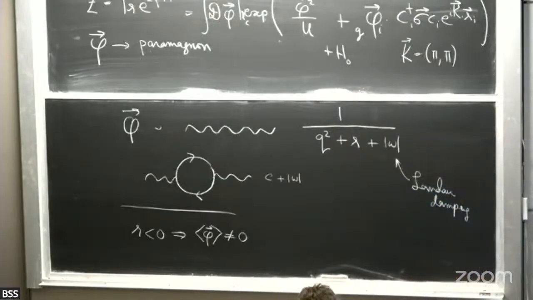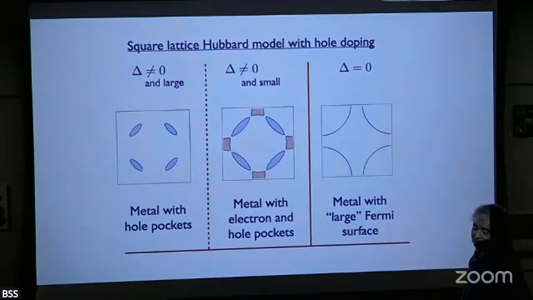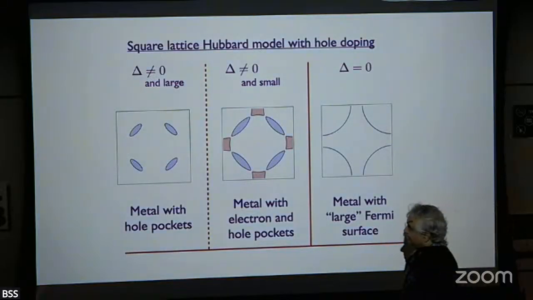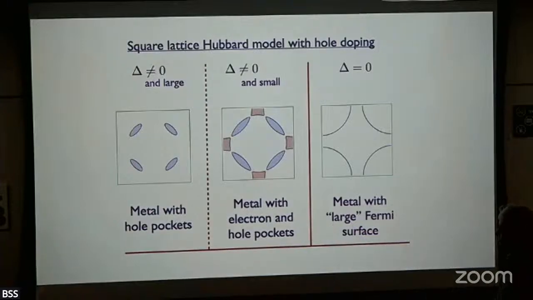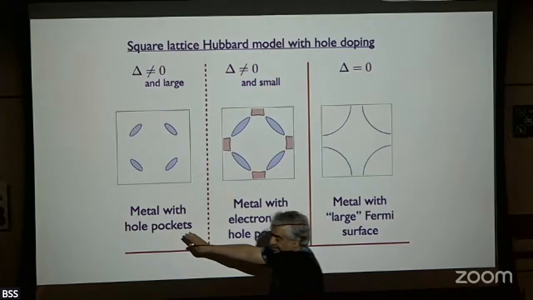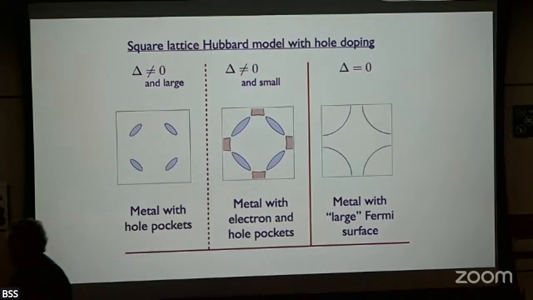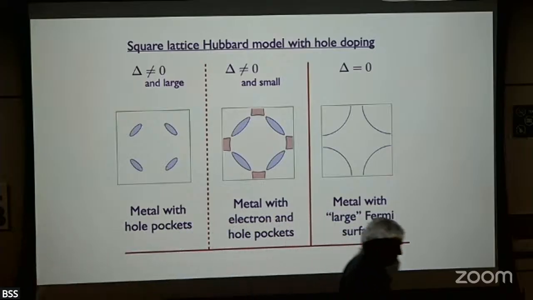When phi was 0, then you had this large Fermi surface I've showed you. And when you turn on the phi, it splits apart into electron and hole pockets initially, and then eventually into hole pockets. Now, these hole pockets are seen in the cuprates at very, very low doping, where you do have long-range antiferromagnetic order, but what I'm going to come to by next lecture is what's happening. Anyway, okay, so that's a bit of an aside.